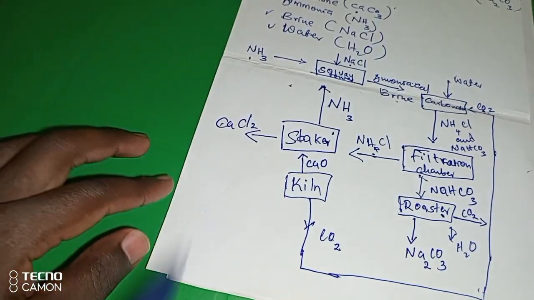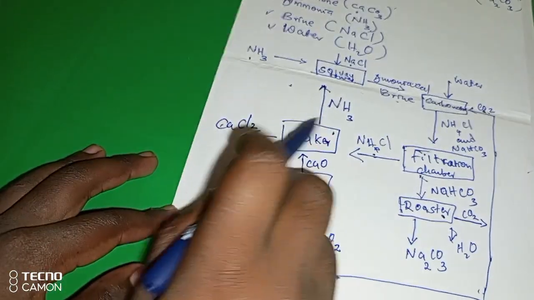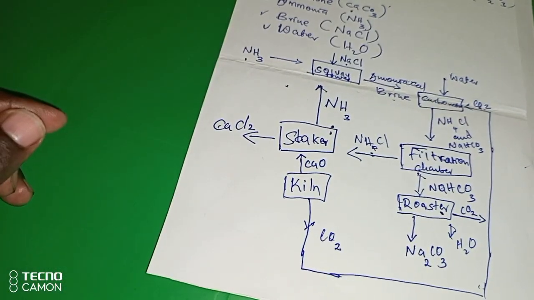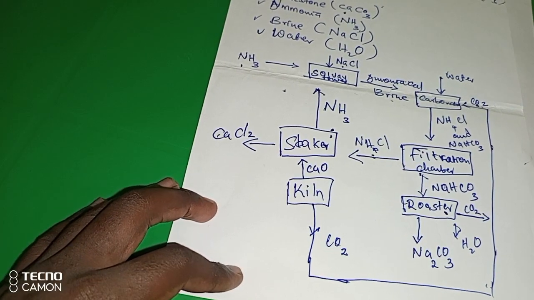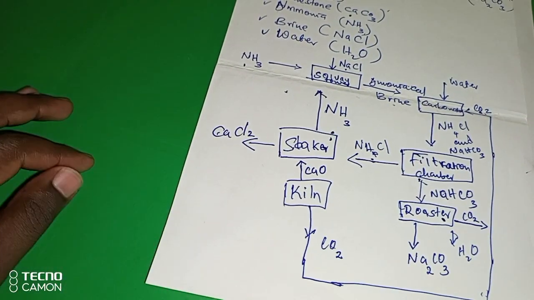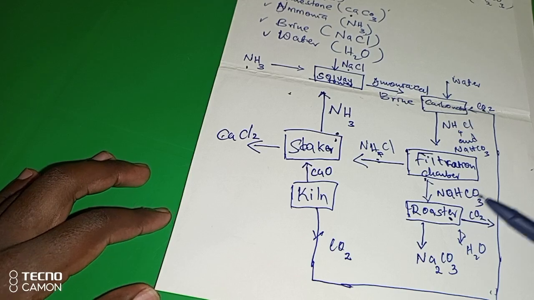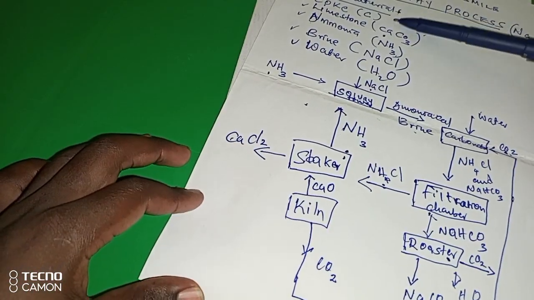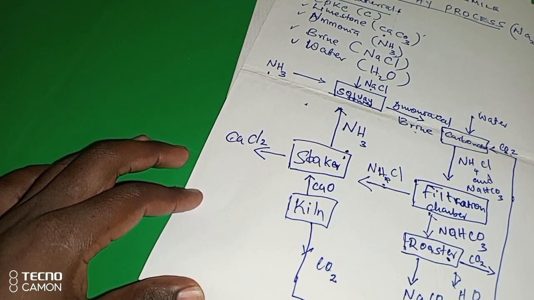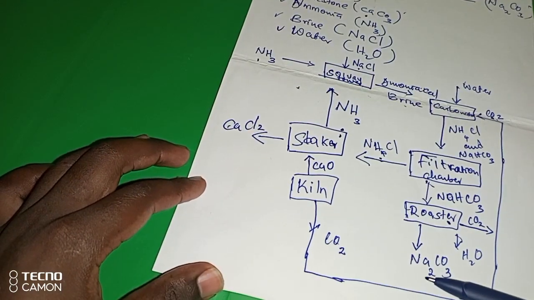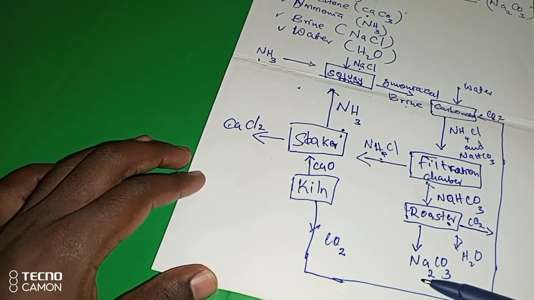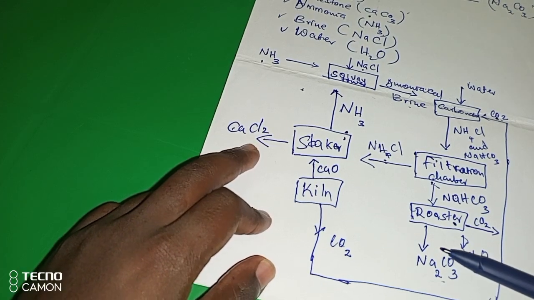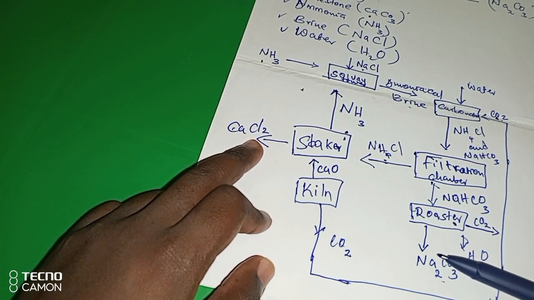We obtain calcium chloride, ammonia, and some water. So, in this process, it has got those chambers, and there are various reactions which occur in these chambers. We have used our raw materials to obtain sodium carbonate. The only byproduct given out in this reaction is calcium chloride.